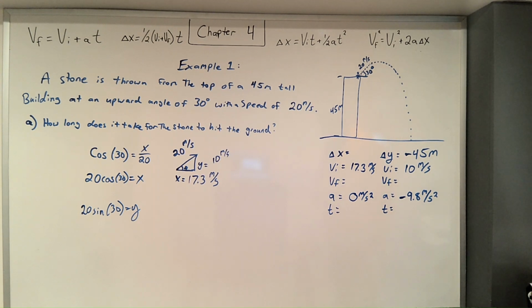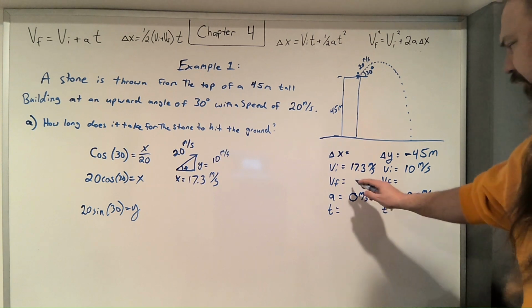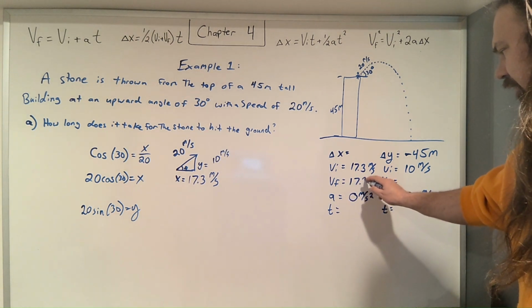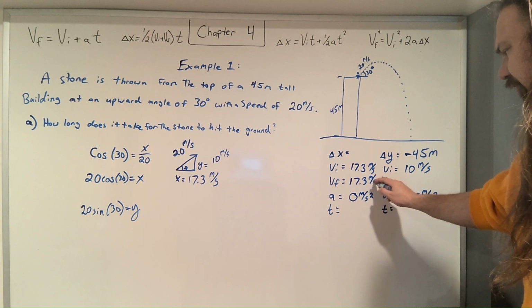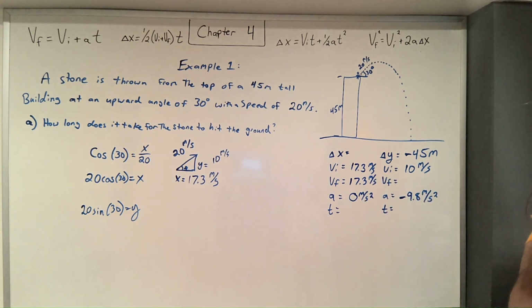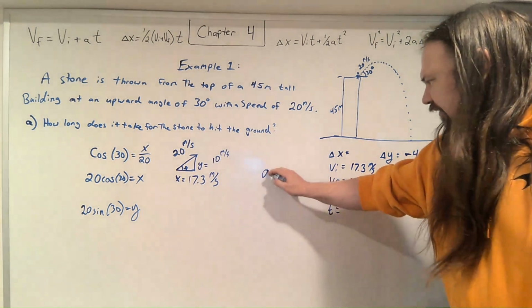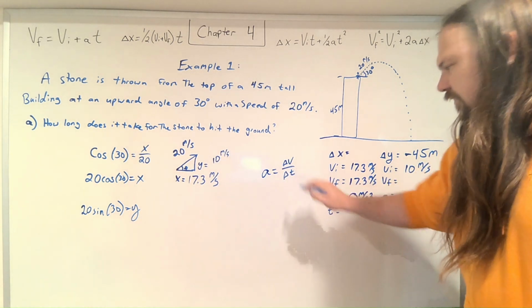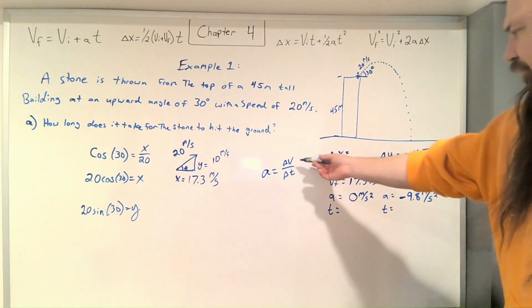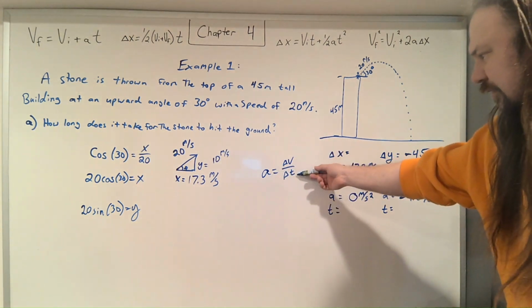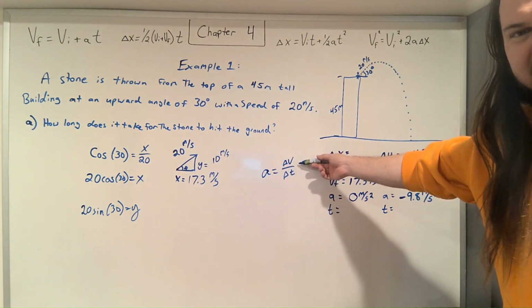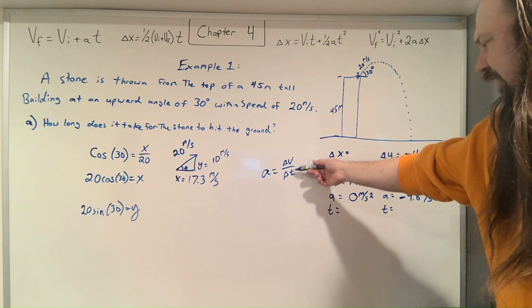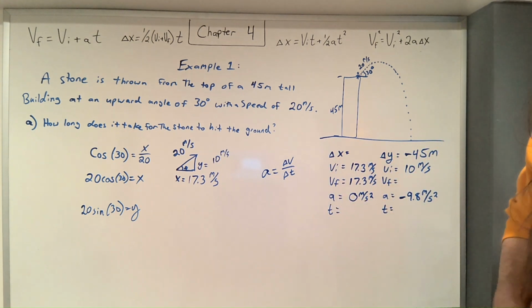If there is zero change in velocity, that means the final velocity must be the same as the initial velocity. Okay? And that's coming from the equation a is equal to change in v over change in t. If this is zero, while time passes, that means this has to be zero as well. So the change in velocity, final minus initial, has to be zero as well.